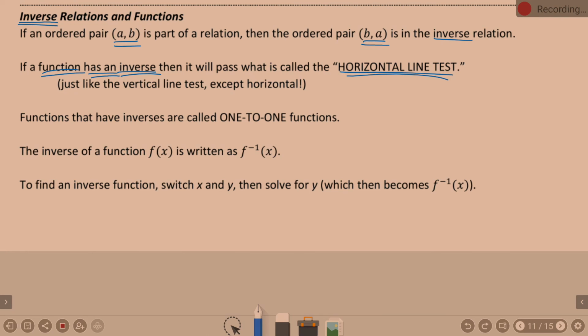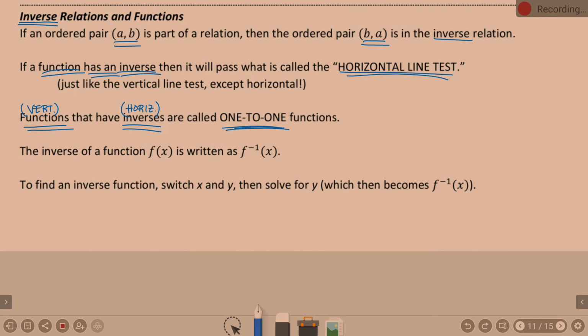Okay, easy to use. Functions that have inverses are called one-to-one. So if it's a function, it's going to pass the vertical line test, right? If it has an inverse, it's going to pass the horizontal line test.